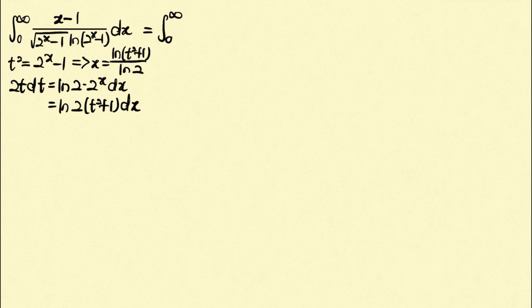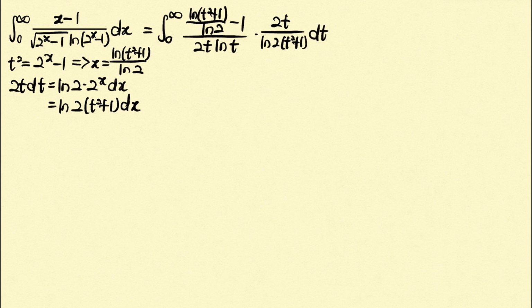Then we have x, which is natural log of (t squared plus 1) over natural log of 2, minus 1, over 2t natural log of t, times 2t over natural log of 2 times (t squared plus 1) dt. Okay, so now we can see that the 2t will cancel off.